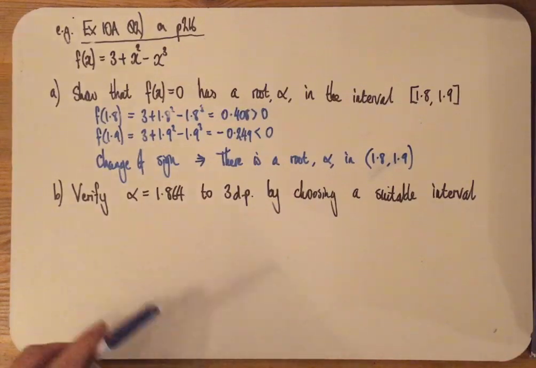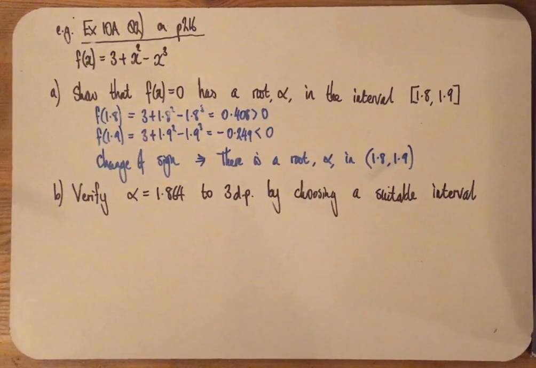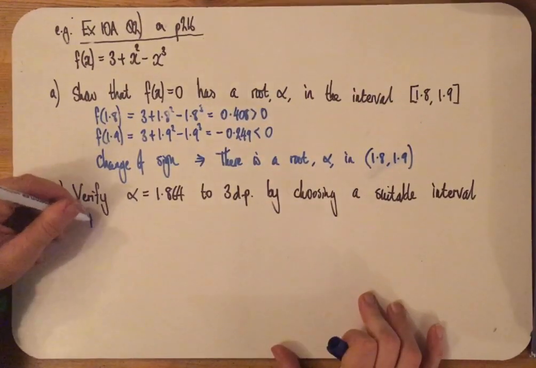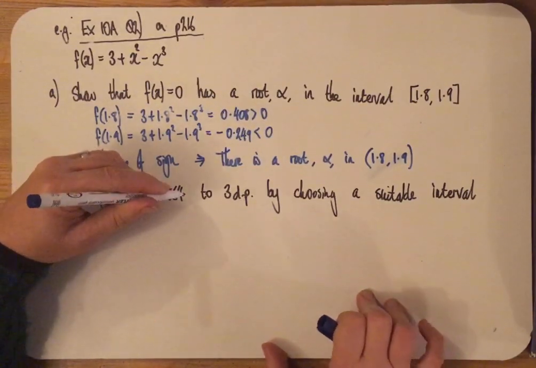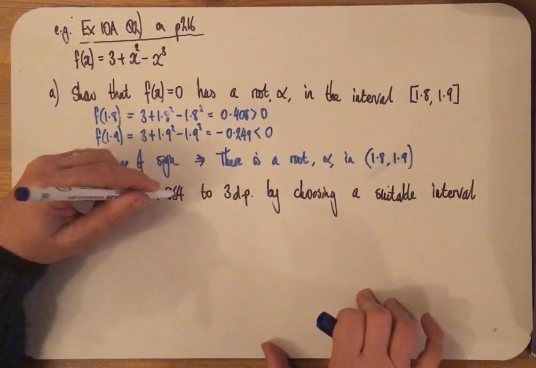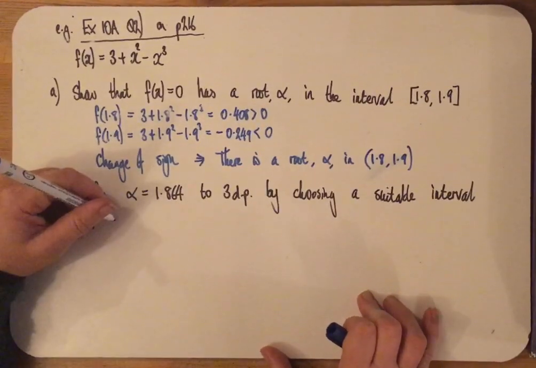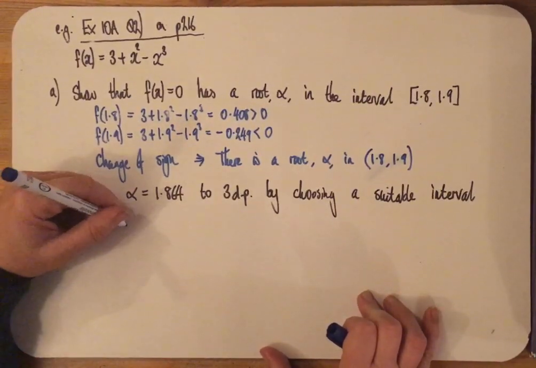Verify alpha equals 1.864 to 3 decimal places by choosing a suitable interval. So to do this, you need to just think about what numbers would round to 1.864. So if alpha is 1.8635, then you would round it to 1.864.